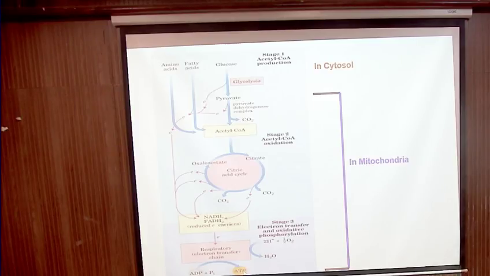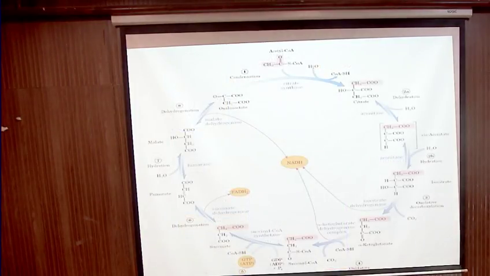What we had until now was largely taking place in the cytosol. When we reach the TCA cycle, and from there on, even the production of ATP, it is all taking place in the mitochondria. So the site is important. We already spoke of the conversion of pyruvate to acetyl-CoA, the pyruvate dehydrogenase complex.